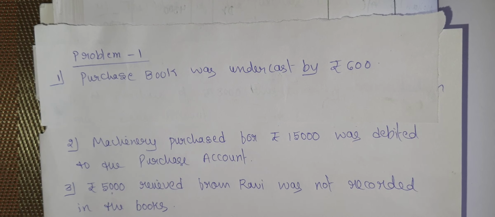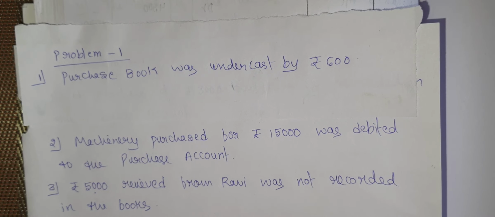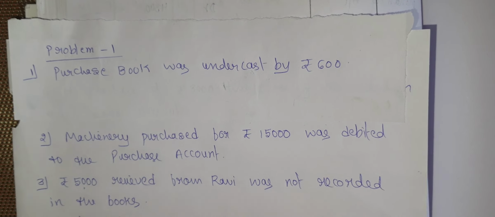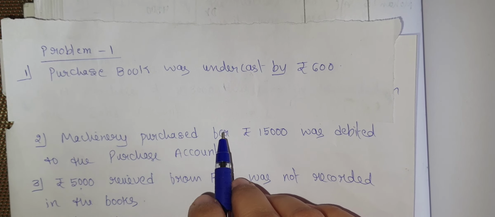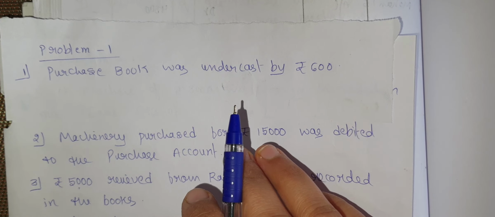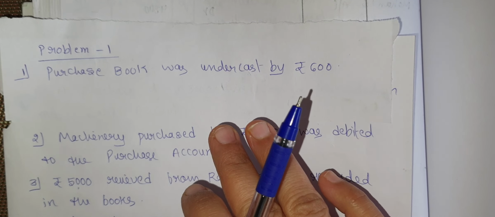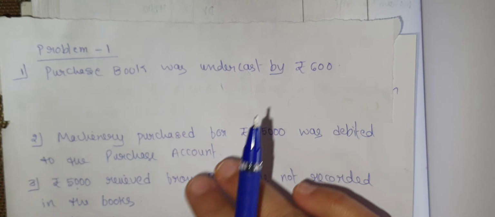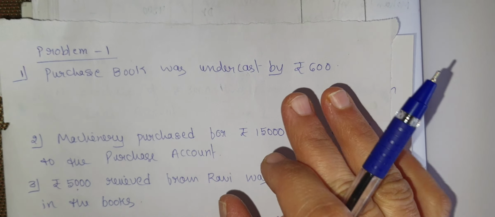It means we have to write on the same side. Means we need to debit the purchase account only in the case of undercast. But if there is overcast of purchase, what we have to do? We have to write on the other side, means opposite side. If there is overcast, we need to credit the purchase account and debit the suspense account.